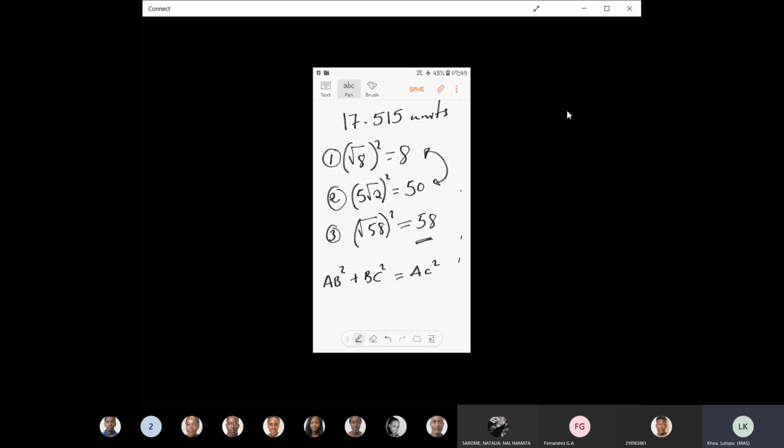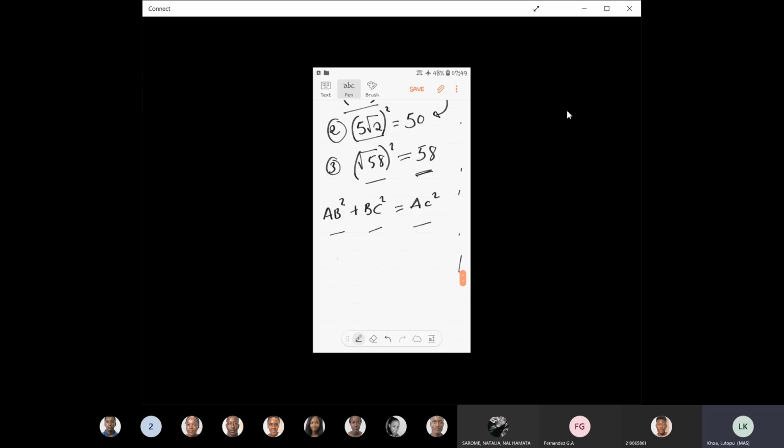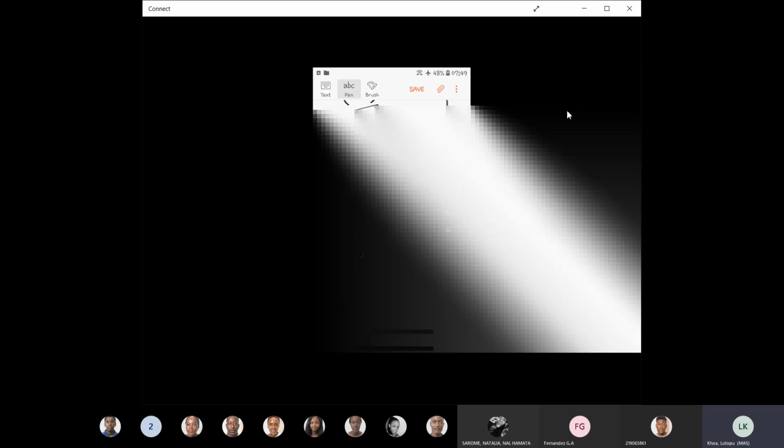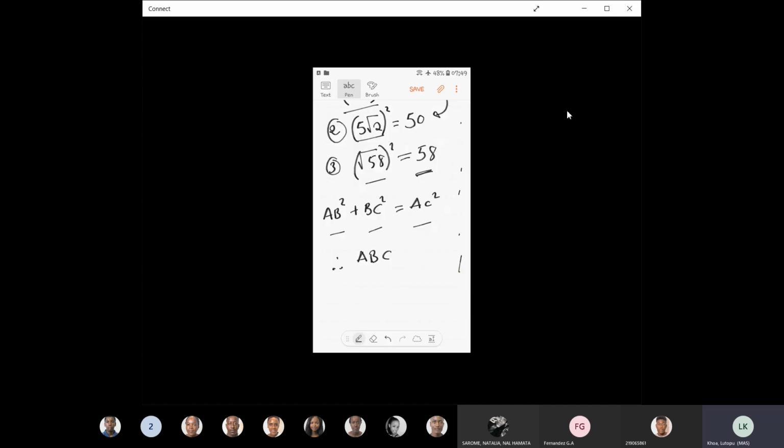So I would substitute the values that I got here, write them there, and this one, write it there, and then I will conclude, therefore ABC is a right-angled triangle. Okay.